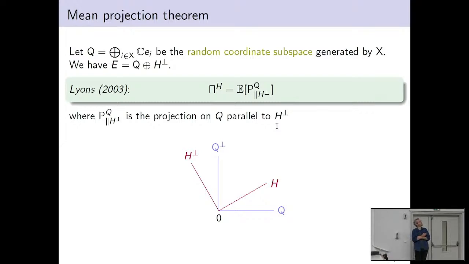So it turns out that E factors, is a decomposition, not orthogonal, of this random coordinate subspace Q plus the H orthogonal. So Q and H orthogonal are linear complements. And if you look at the projection on Q parallel to this space, H orthogonal, on average, if you take the average over the point process, you get back the orthogonal projection on H. So this is what I call the mean projection theorem.